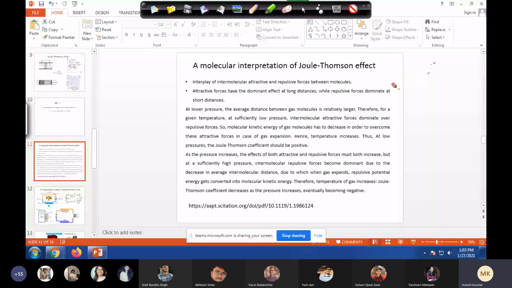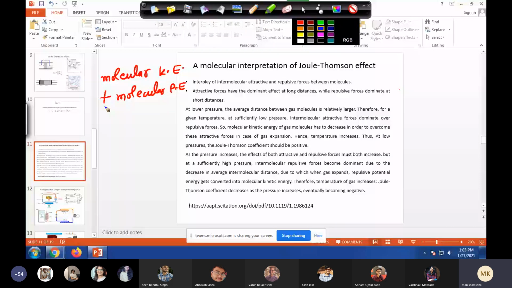If you take any gas, we have molecular KE plus molecular PE. Sometimes this is also called molecular interaction energy.